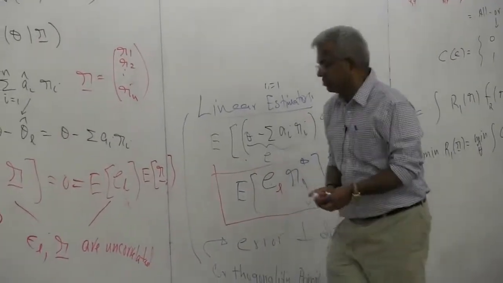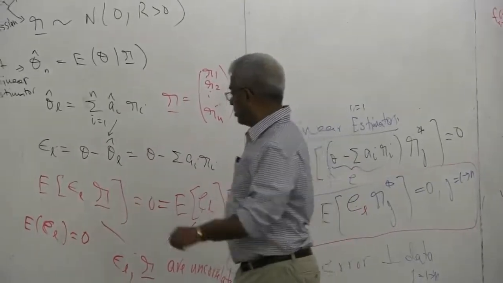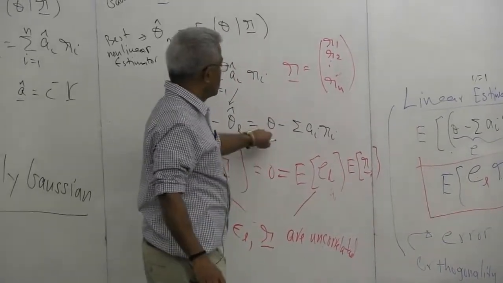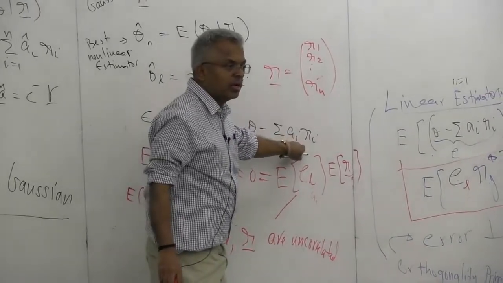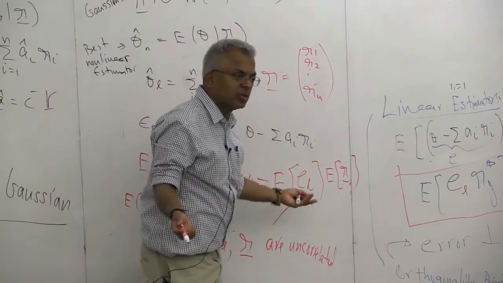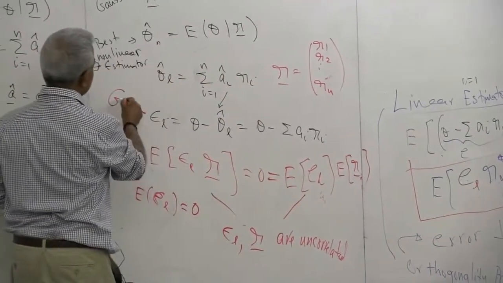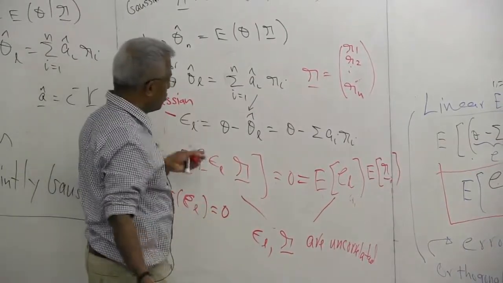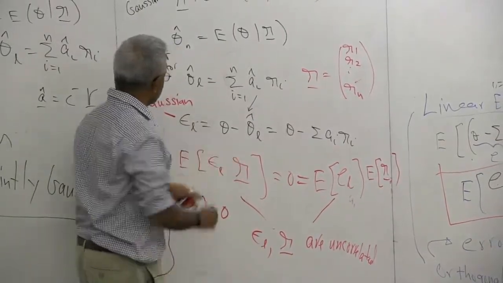But look here, all these are jointly Gaussian. Linear functions of Gaussian random variables are Gaussian. So this is Gaussian, right, or normal. And data is of course Gaussian. So these two are also Gaussian, right?